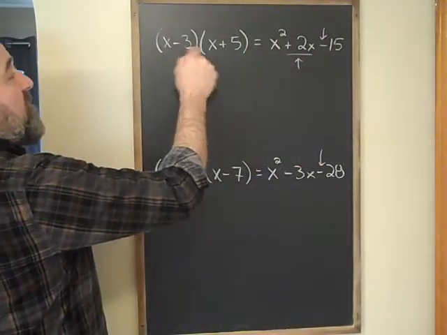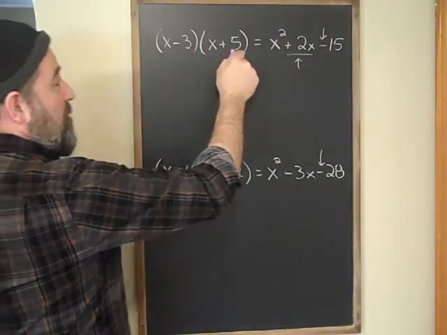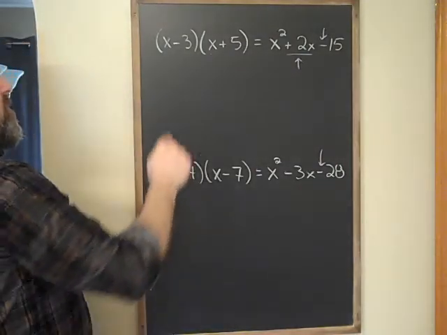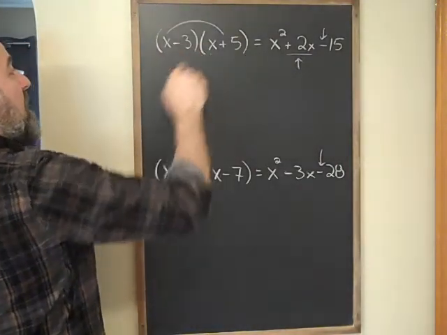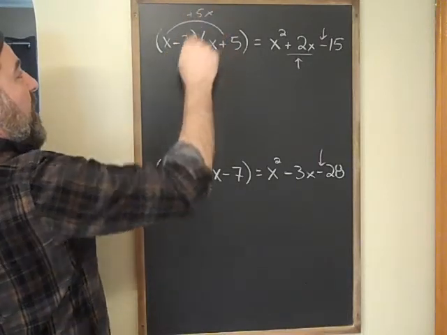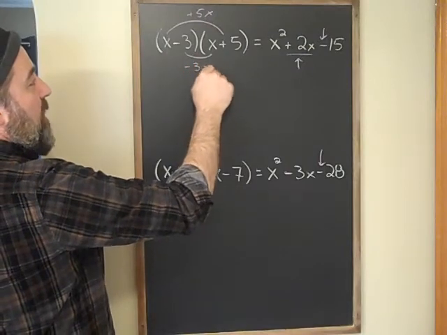We can see first times first gets us our x squared, our last times our last, negative 3 and positive 5 makes our negative 15. Let's look at our outers and our inners. These outer terms, x times positive 5 makes positive 5x. These inner terms, negative 3 times x is negative 3x.